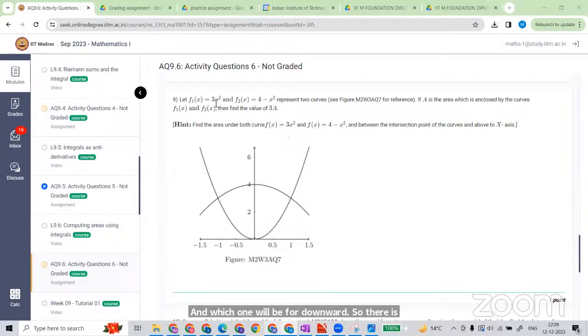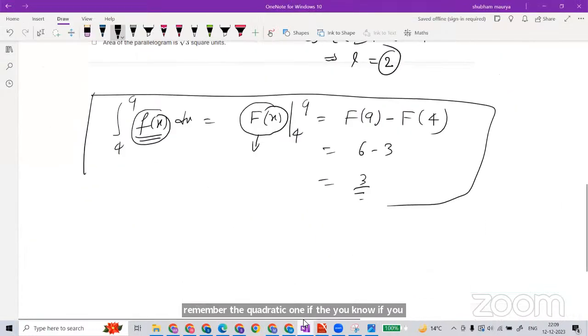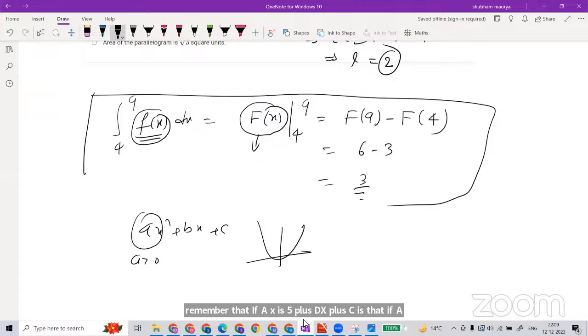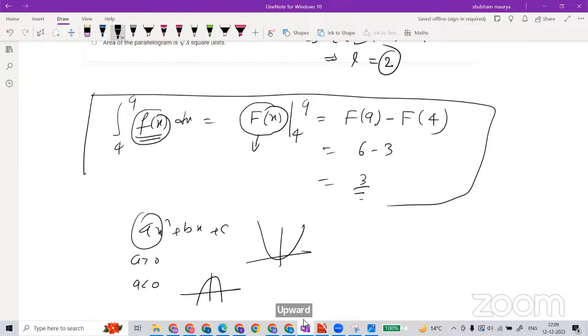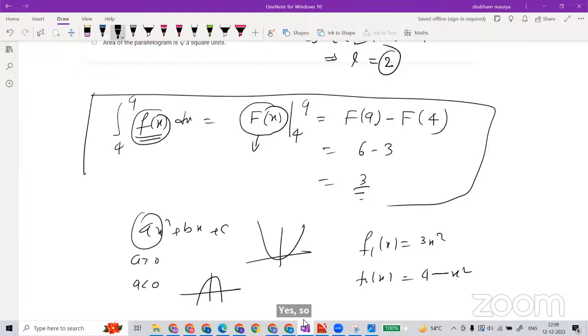This 3x square is actually opening upward. This 4 minus x square is going to be downward. If you remember the quadratic ax square plus bx plus c, if a is positive, then it opens upward. If a is negative, then it opens downward. So f1 is 3x square and f2 is 4 minus x square.